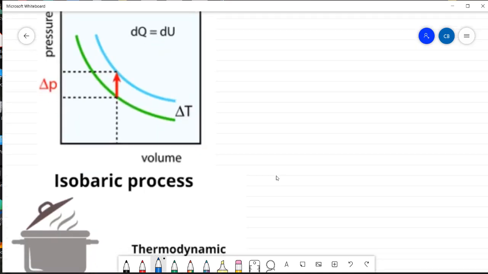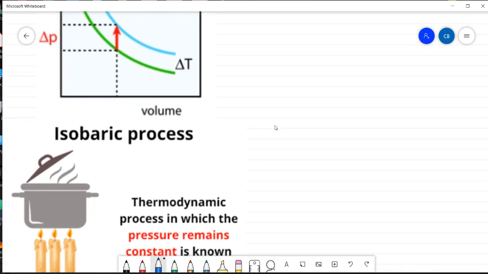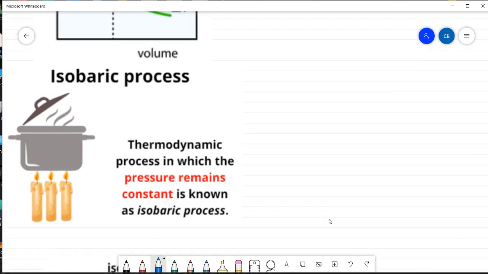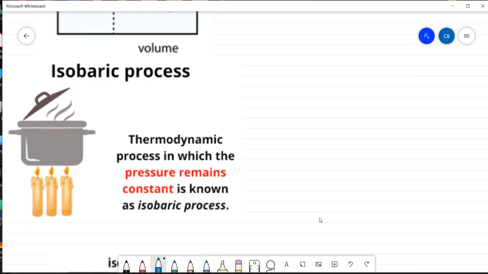Another process is the isobaric process. This is a constant pressure process. In this case, there is no automatic zero value in this thermodynamic equation.